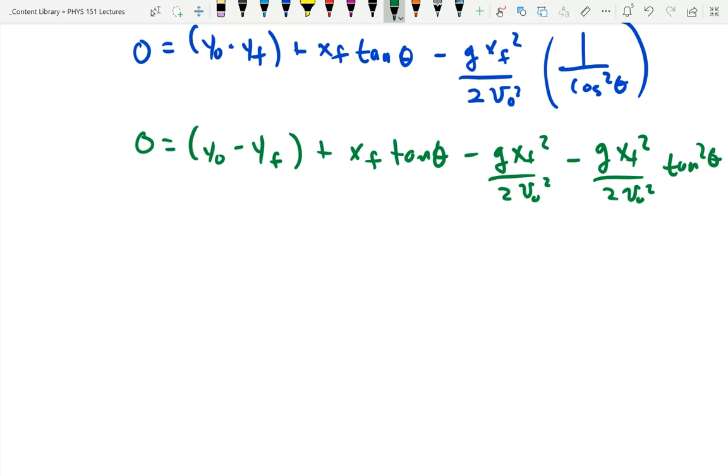So the last two terms, I have substituted 1 plus tangent squared theta. And so I have the term with the 1 and the term with the tangent squared theta. And now I have a quadratic in what variable? In tangent theta, actually.